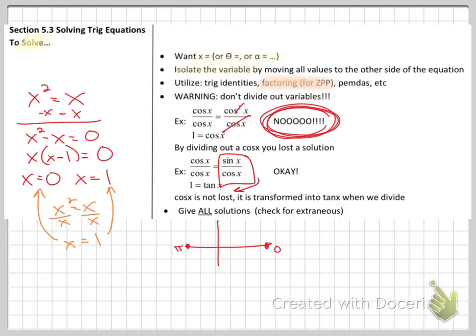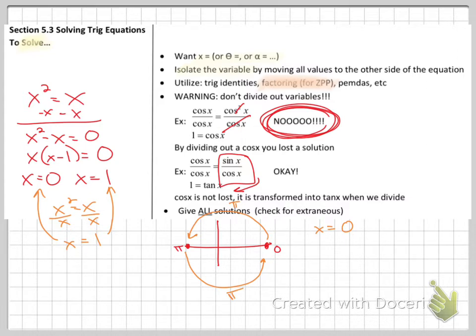Well, first of all, you can wrap those solutions. So instead of saying x equals 0 and x equals pi, you can wrap it up in a nice little answer because from 0 to pi is a distance of pi units away. And from pi back to 0 is a distance of pi units away.